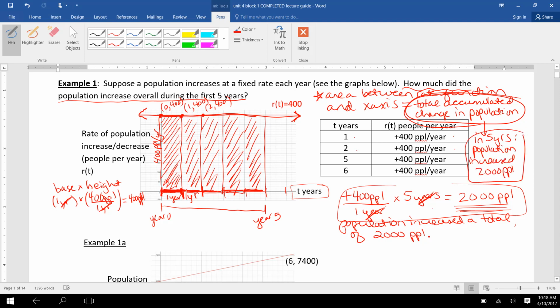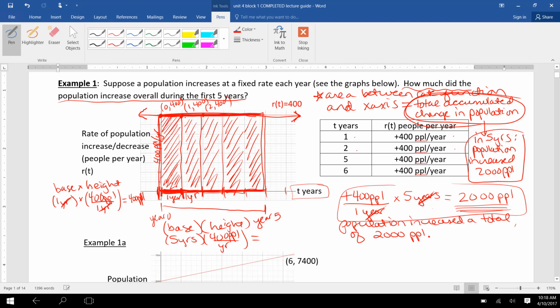Instead of doing it 1 year at a time, I really could just jump from year 0 all the way up to year 5. So the base times the height, but the base of my rectangle is 5 years, and the height of the function along that entire 5-year span is 400 people per year.